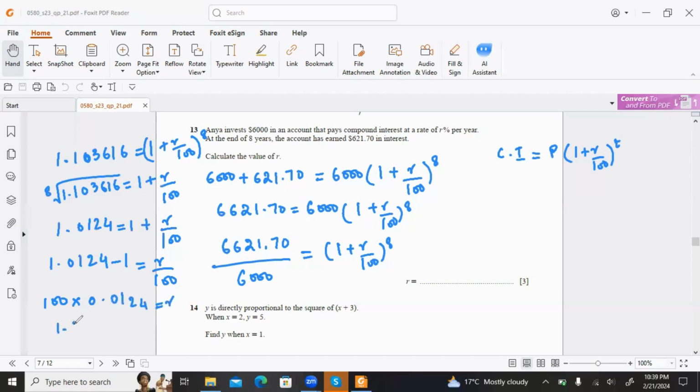Gives us 1.24 as our interest rate. Yep, 1.24%.